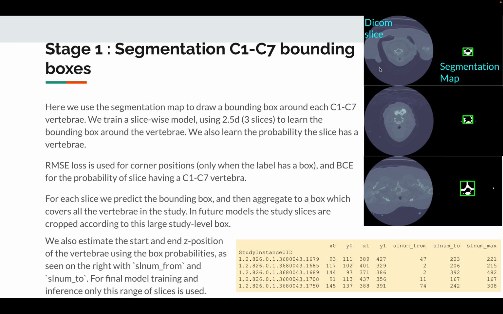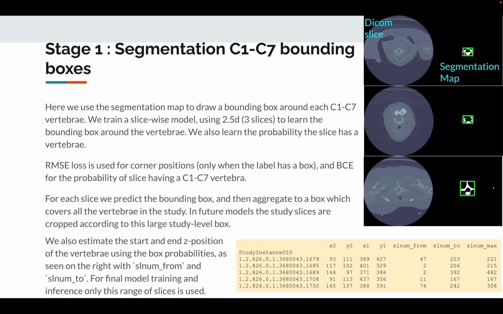We get a higher level bounding box for each of the studies, but given that we had the segmentation maps on slice level, we train our model based on the bounding box around the segmentation map. For example, this could be the C1 segmentation, and we just place a box around that, and that's what this first model learns.